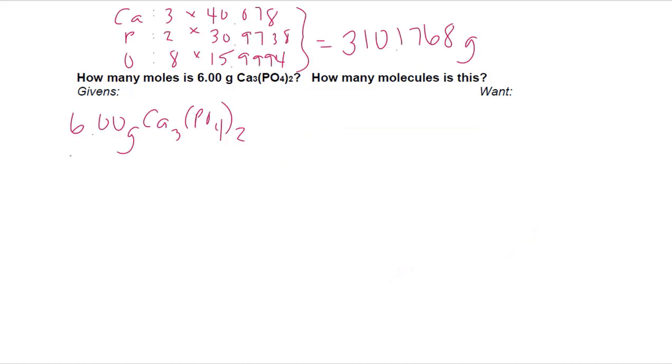Okay, so the first thing I had to do was look at the periodic table and figure out the molar mass of calcium phosphate. So I did that by saying, okay, I've got 3 calciums, 2 phosphoruses, remember that distributes, and 8 oxygens, and multiplied it by their AMU on the periodic table to get the mass of 1 mole of calcium phosphate.